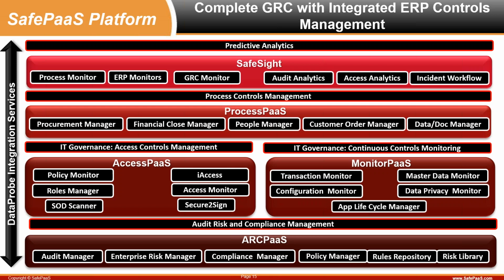So for example, Roles Manager and Policy Monitor will help you identify those folks with access to sensitive data, not just FX rates, but there are 200 other things that I can talk about in any ERP system, whether it's a three-way match setup or whatever the case may be.